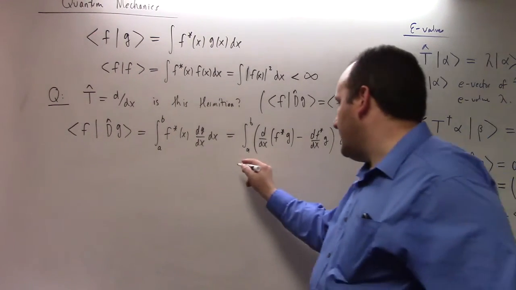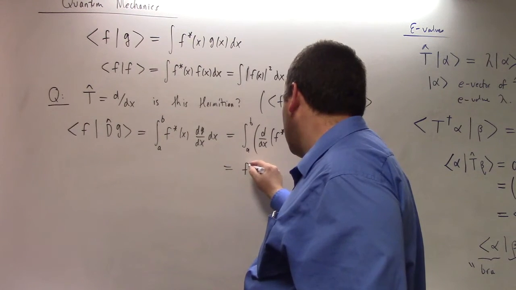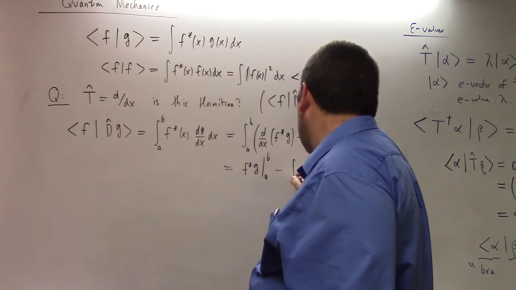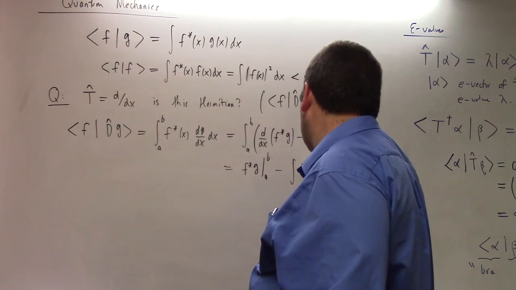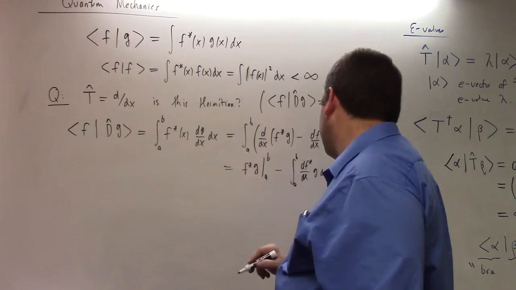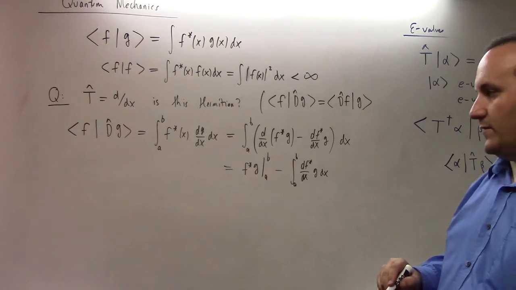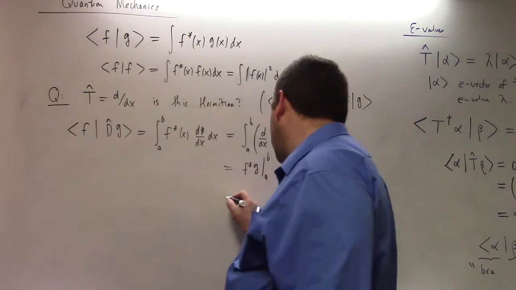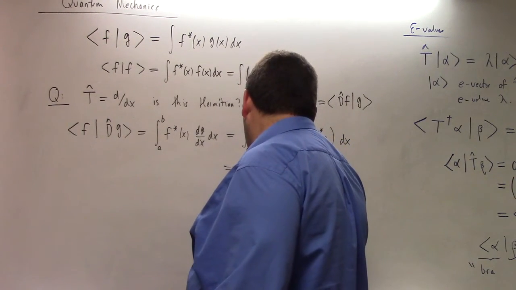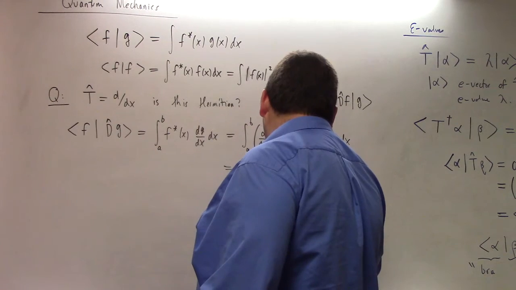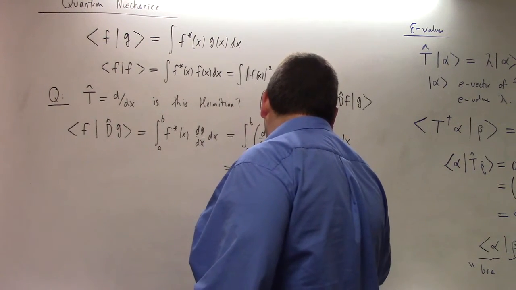And so then, by the fundamental theorem of calculus, that's f star g, evaluated from a to b, minus the integral of df star dx g dx. So it looks like we've got this boundary term, minus the bracket of f and g, and this integral term.